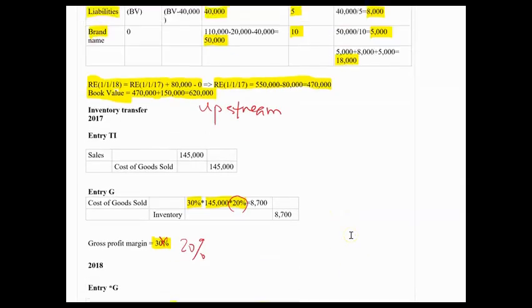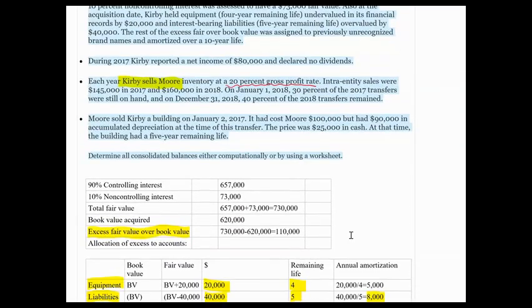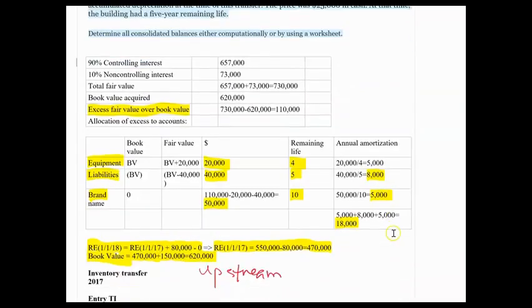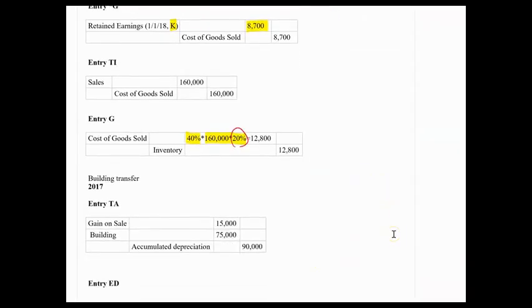So buildings is sold from, let's see. Okay, so here Moore sold Kirby a building. So here the parent is the seller and Kirby, the subsidiary, is the buyer, which means that this is a downstream transfer.